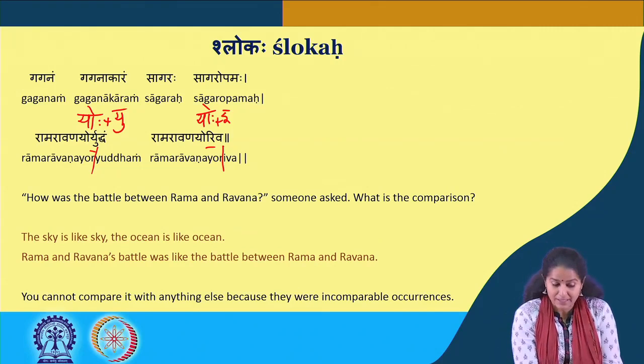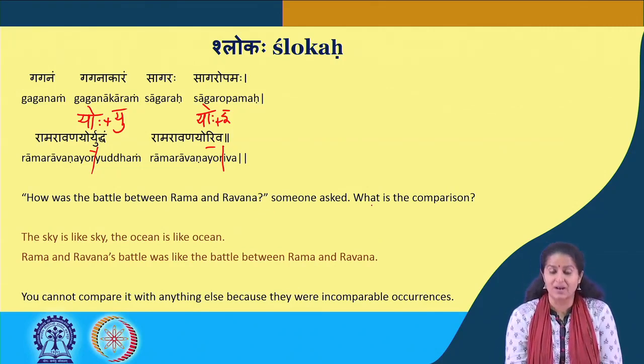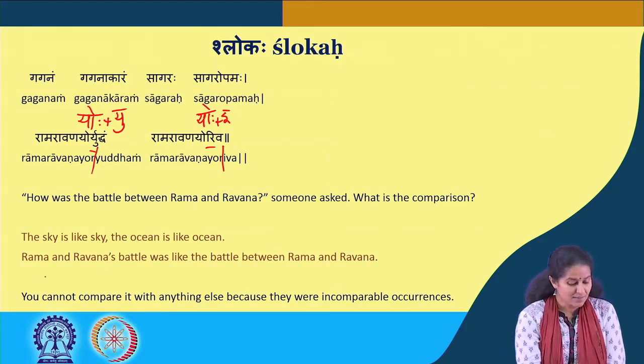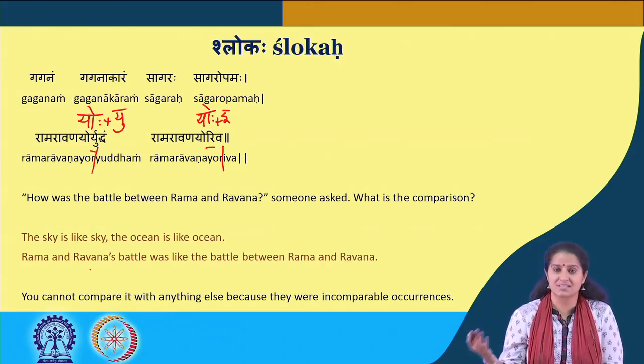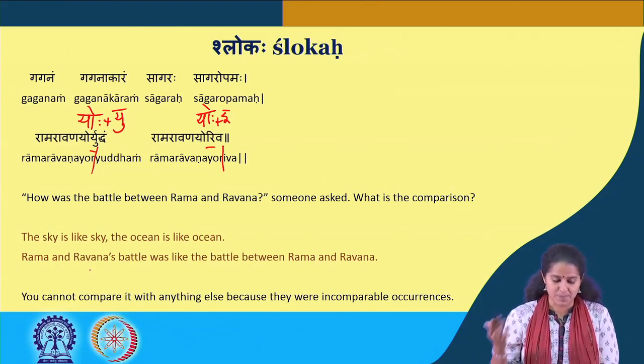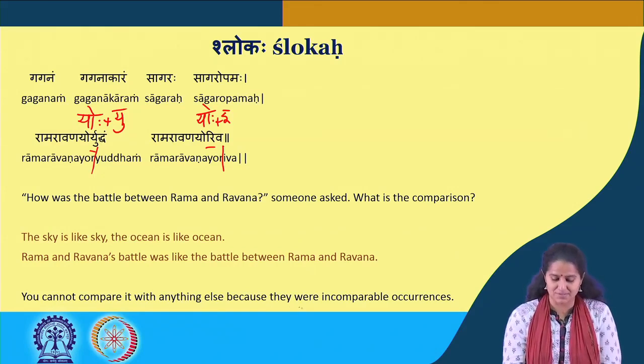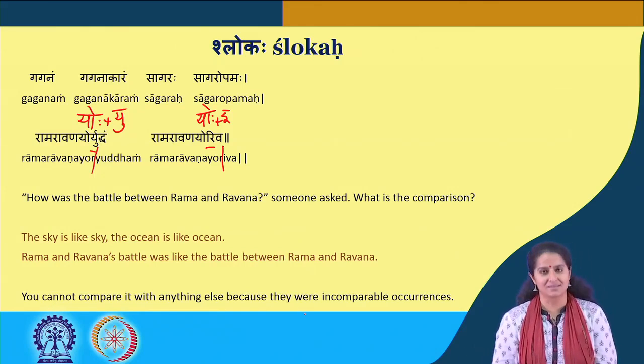And this is the verse that is given there. The sky is like sky, the ocean is like ocean. Rama and Ravana's battle was like the battle of Rama and Ravana. You cannot compare it with anything else because they were incomparable occurrences.